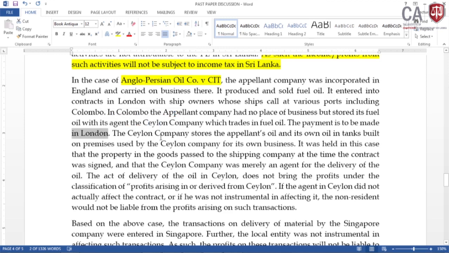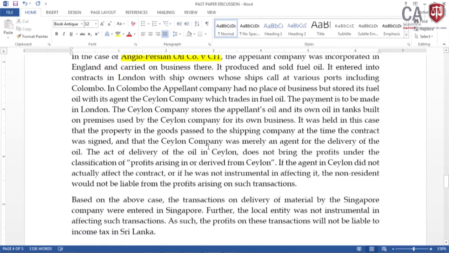The Ceylon company stores the appellant's oil and its own oil in tanks built on the premises used by the Ceylon company for its own business, and it was held in this case that the property in the goods passed to the shipping company at the time the contract was signed. The same thing here, the ownership of the equipment has transferred to GBL at the point of the agreement signed in Singapore.